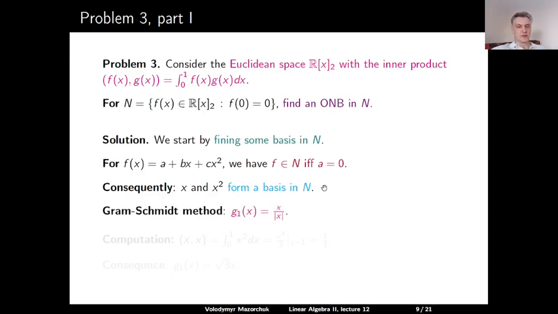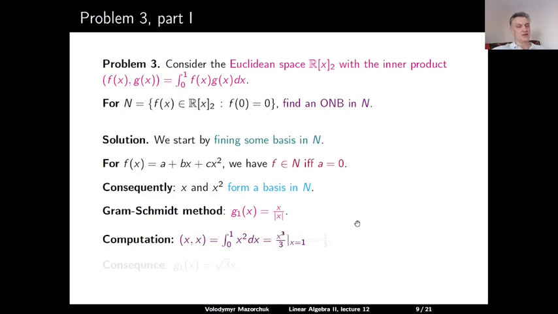According to this process, we should take the first vector, which is x, and divide by its length. So here is a computation. The length of x is the square root of the scalar product between x and x. The scalar product between x and x is the integral from 0 to 1 of x squared dx. And this is simply the evaluation at x equal to 1 of the primitive function x to the power 3 divided by 3.